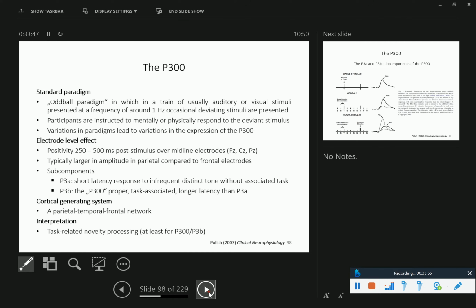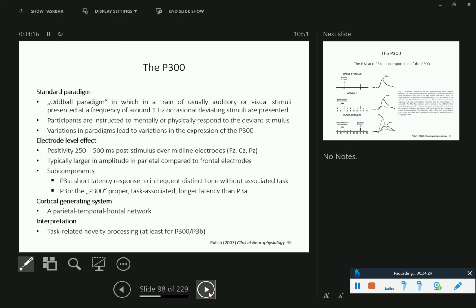Then, of course, the interpretation is that it's novelty processing, and it's task related, at least for the P300 proper or the later response. So some people only call the P3B the P300 and not the P3A, but I think it's helpful to have a review article that establishes some common ground.